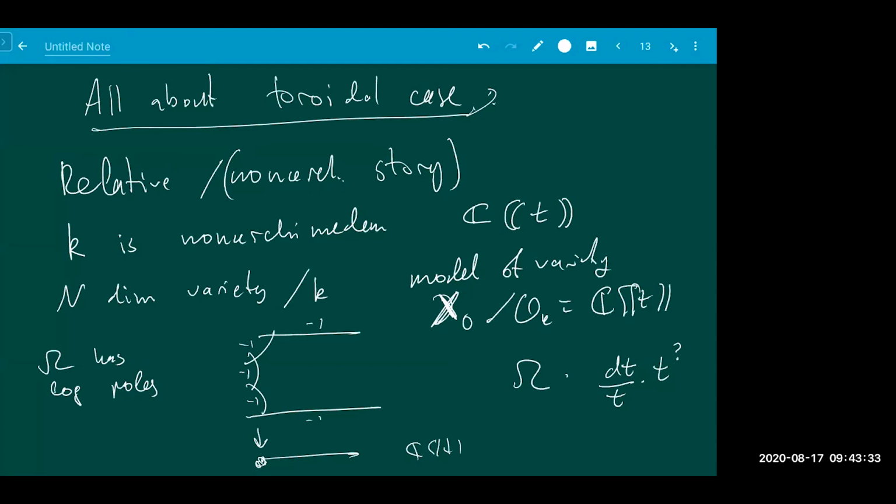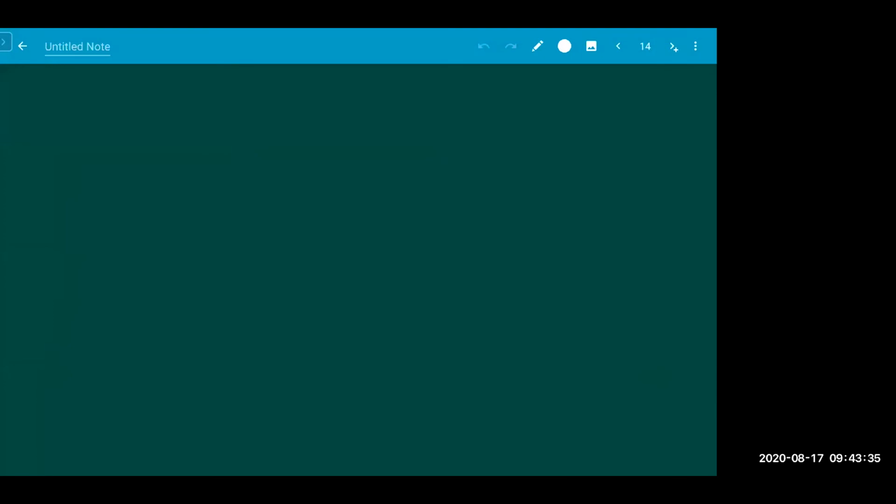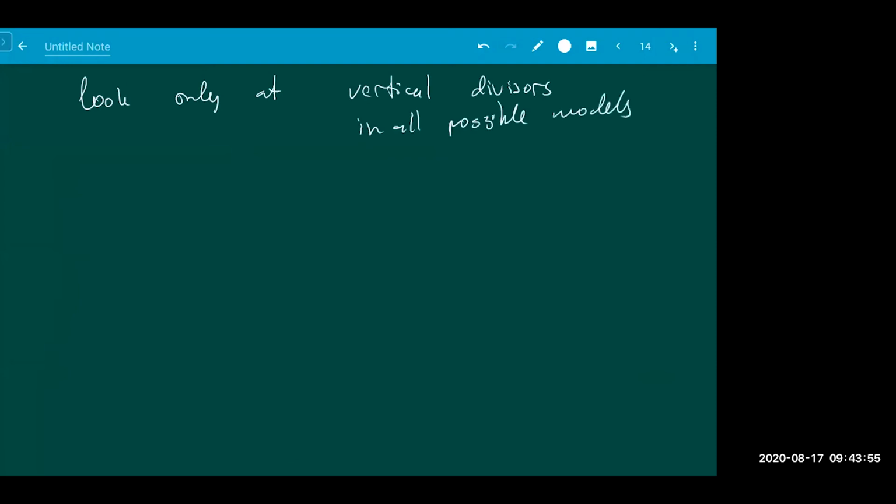And now the game is to look only at vertical divisors in all possible models at which the form multiplied by dt over t has a pole of order 1.